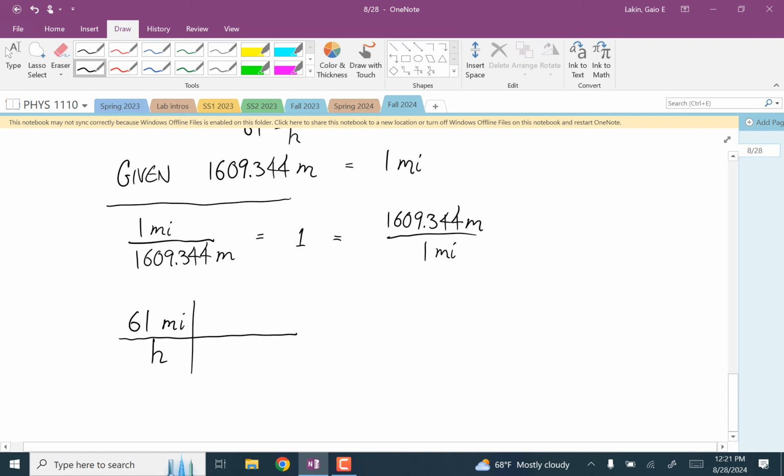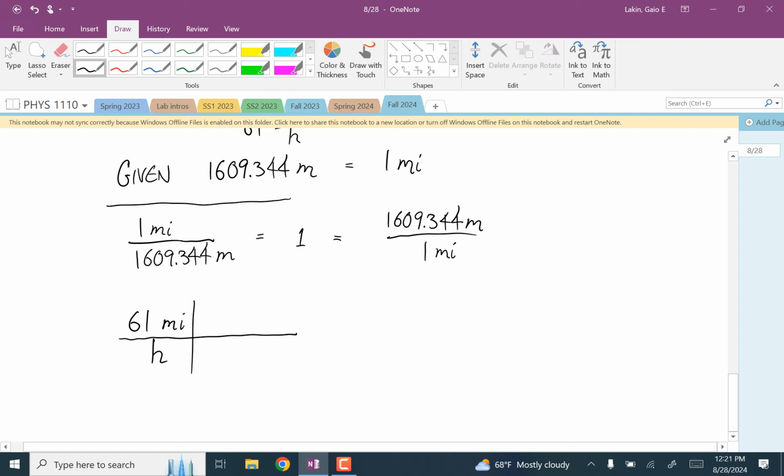And we want to choose the conversion factor that, since these given units are the ones we're trying to cancel, we want to multiply by the one that's going to cancel those. If we did this one here, we'd have meters times miles in the numerator and hours. What would we have? Oh no, that's the one we want.